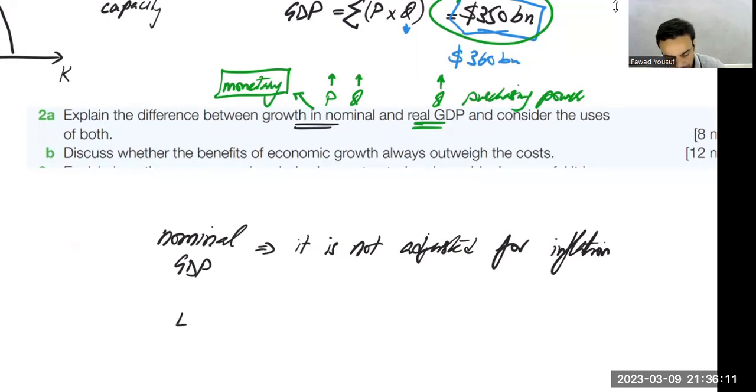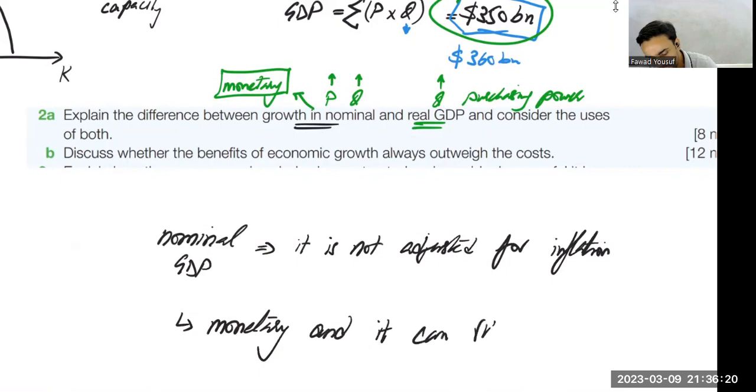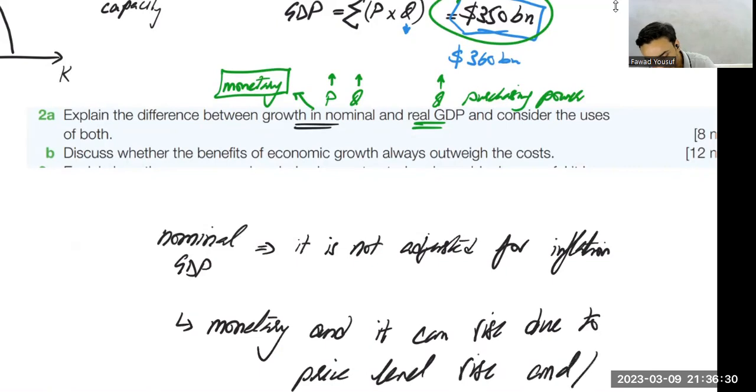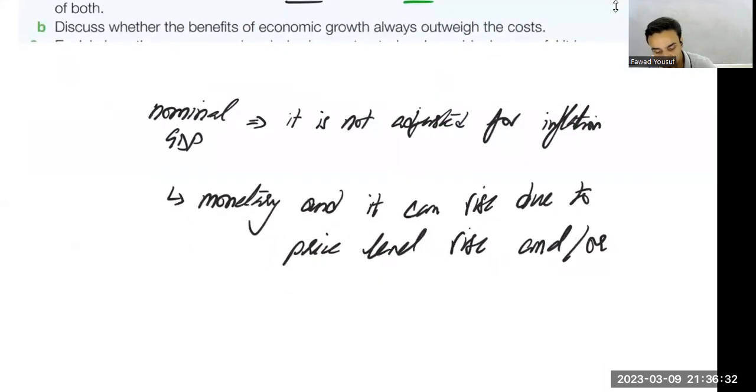Nominal GDP is monetary and it can rise due to price level rise and or increase in quantity.